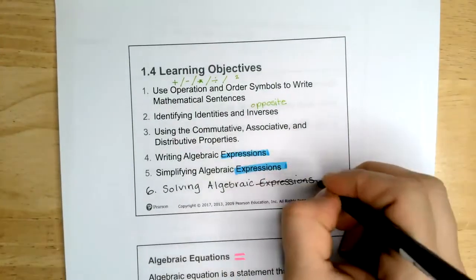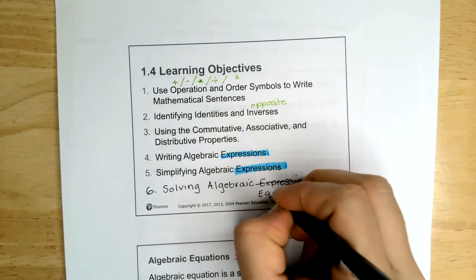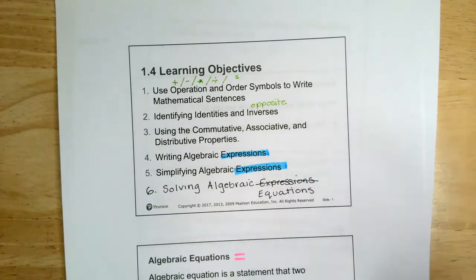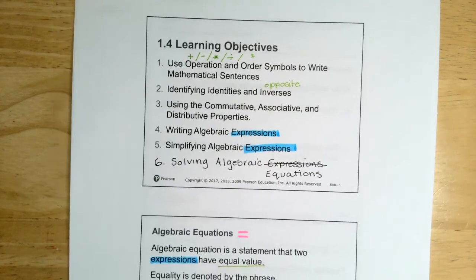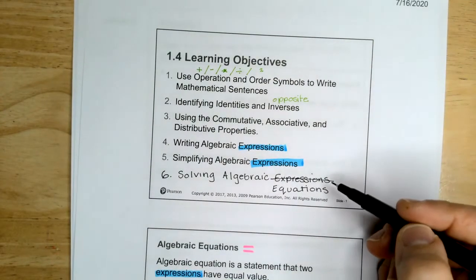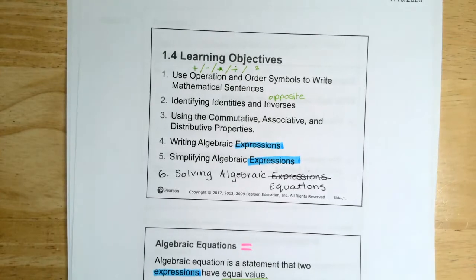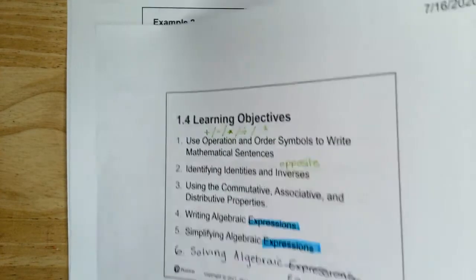You can't solve an expression. There's just a little lesson in the difference. You cannot solve an expression, you can solve an equation. What you can do with an expression is you can substitute an amount for one of the variables, but with an equation you can find what the variable is equal to.